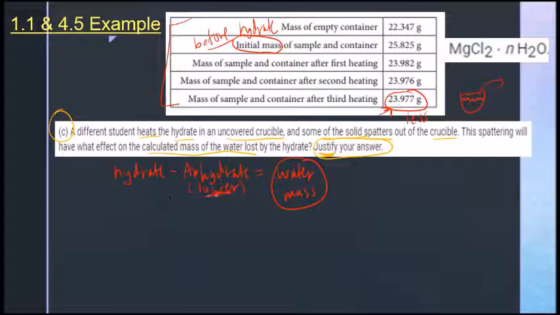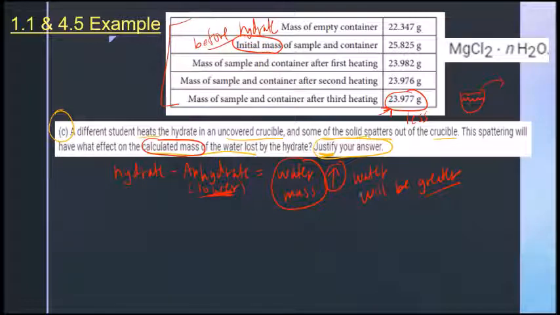So this value is less than 23.977. When we subtract it now, we're going to get a greater difference for our water. Yeah, this water mass will be greater. It'll be greater than it should be. So the effect on the calculated water mass, it's going to end up being greater than it should be.